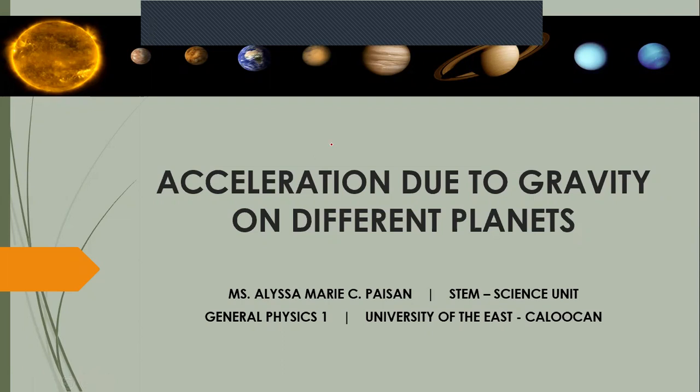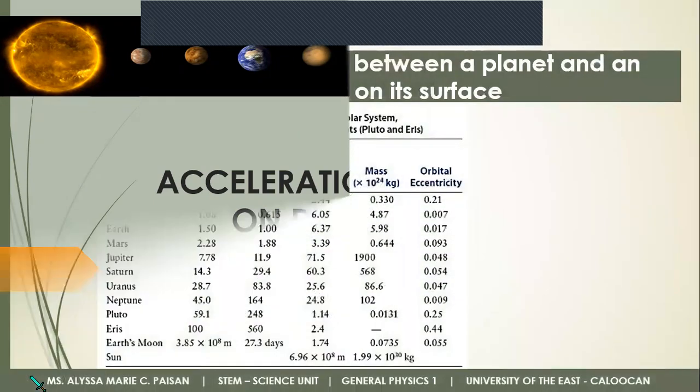So that's the difference between the big G and the small g. Kasi si big G, kahit saan ka pumunta, it's the same. 6.67 times 10 raised to negative 11 Newton meter squared per kilogram squared. Pero si small g, 9.8 meter per second squared lang siya sa Earth. Pag pumunta ka sa ibang lugar, nag-iiba siya. And let's see how it changes.